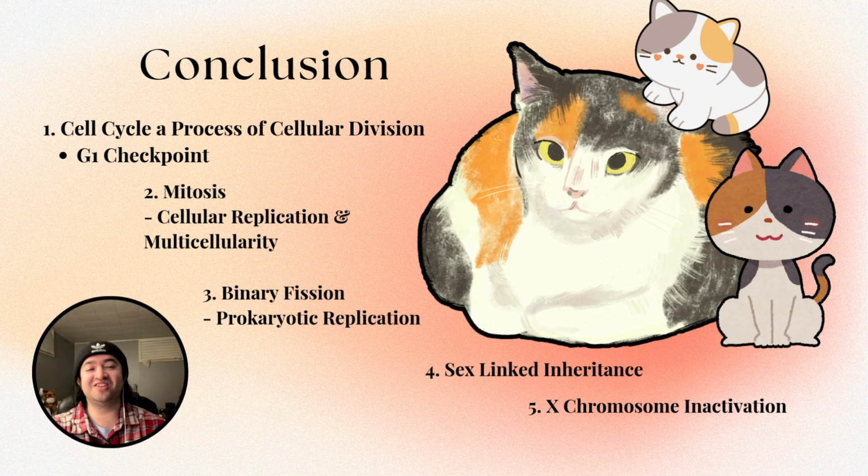And then we concluded talking about X chromosome inactivation as an epigenetic process that causes the inactivation of one of the two X chromosomes found in female mammals, resulting in the formation of Barr bodies and the silencing of some X-linked chromosomes. A good way to remember this concept is to think about all these calico cats and how their tortoiseshell fur is only expressed by female cats who have experienced X chromosome inactivation.